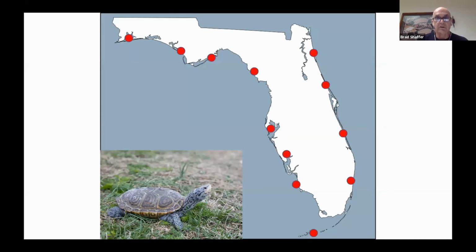Well, the first thing you might do is identify a series of sites, something like that, that span the state of Florida where diamondback terrapins are found. Using some genetic method, you would sequence a turtle from each one of those dots, and you only have to do one at some level of depth and coverage.